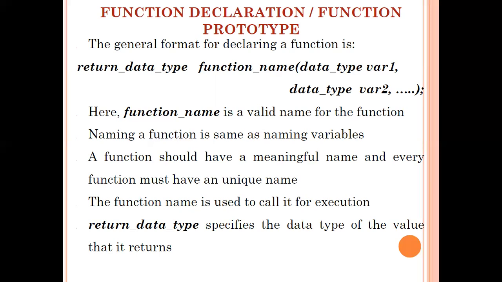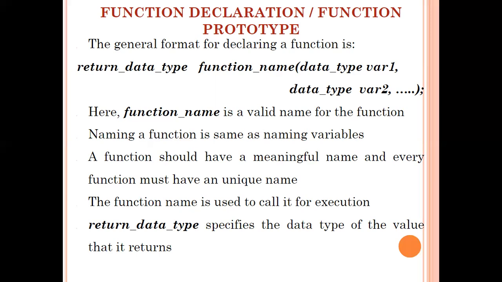Okay, suppose you are going to perform two operations, addition and subtraction, in a C program, and you are going to have two separate functions in order to perform the tasks. First one is for addition and second one is for subtraction, right? So in such a case, we can provide the function names as add of and sub of.